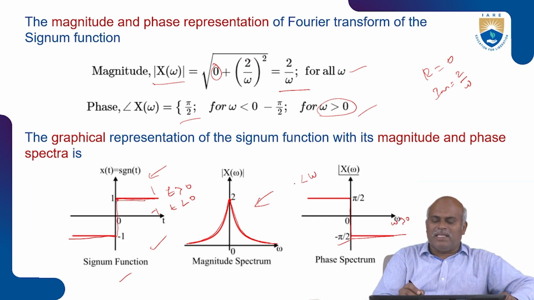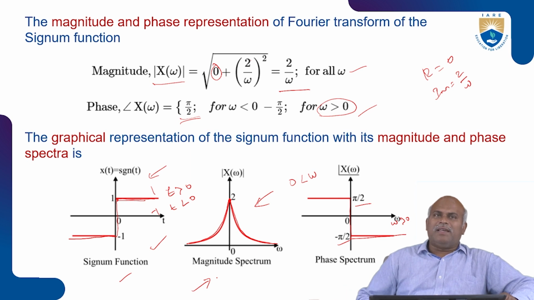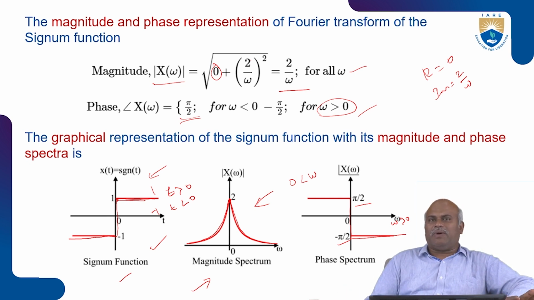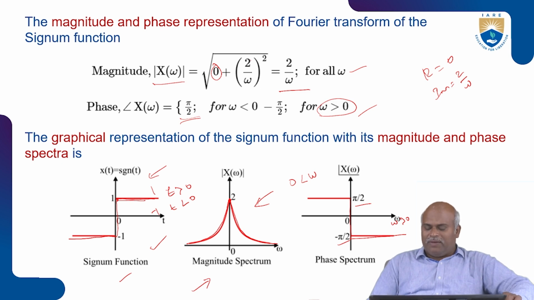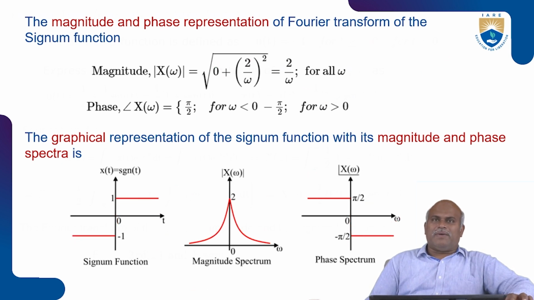If omega is less than 0, it will be represented as plus pi by 2. This is the way we can represent the graphical representation of the sine function in the Fourier transform, both magnitude as well as phase response.